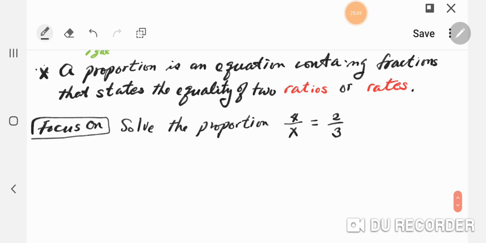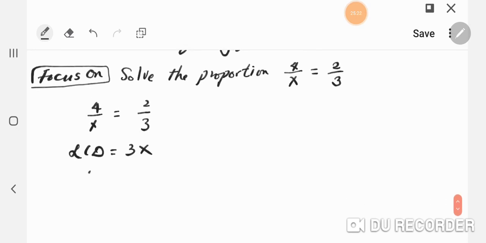When we solve this equation, we can use the LCD because these are fractions. The LCD is 3x. So why don't we multiply the equation by the LCD? We will multiply each side by 3x.